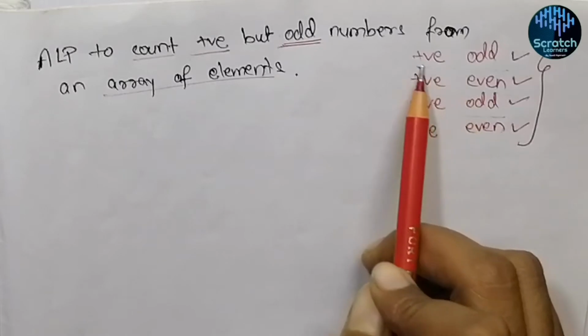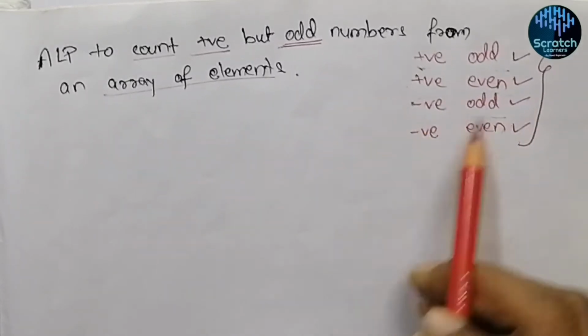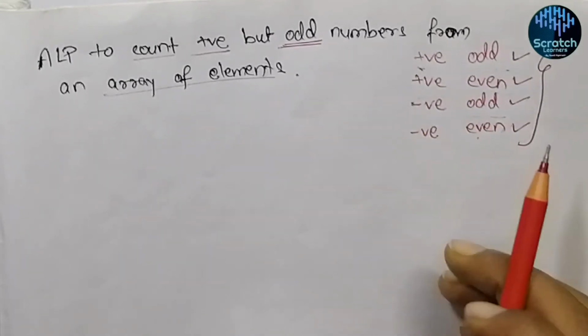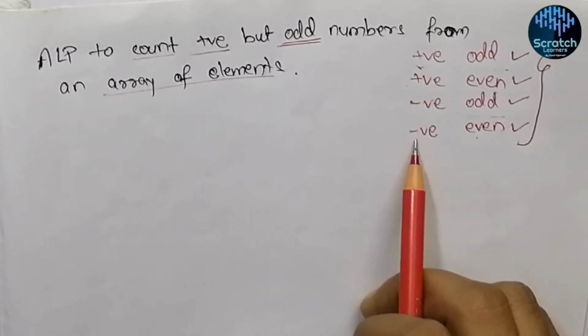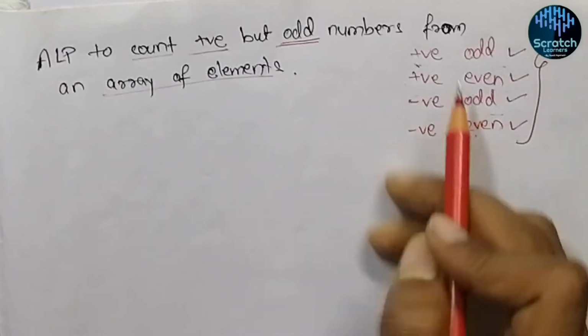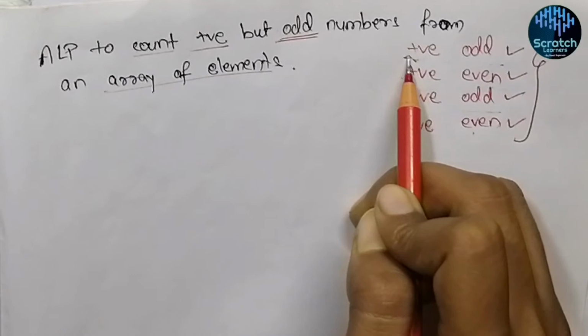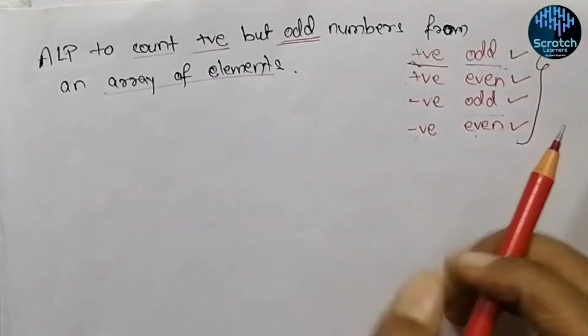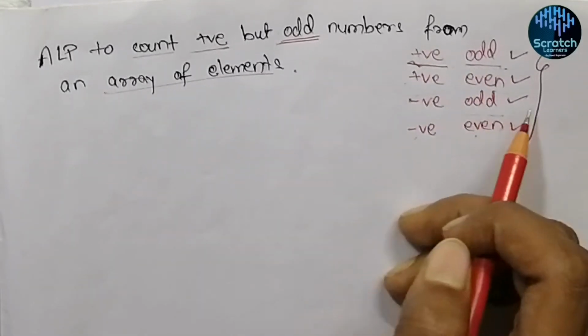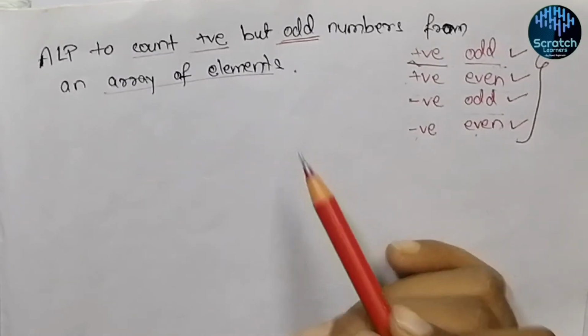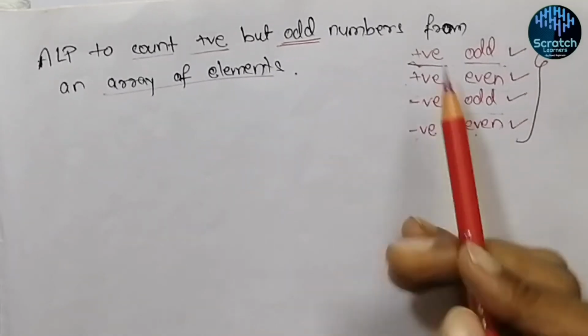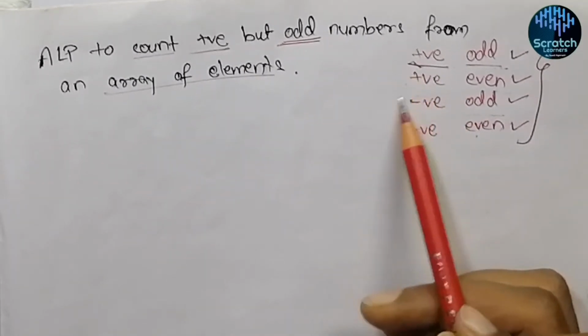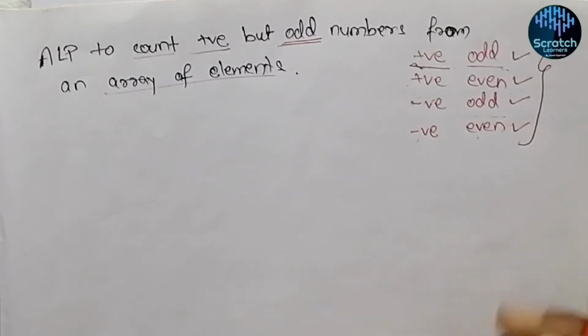So if you understand the logic behind any one of these four, you can easily solve the remaining three programs. Do watch this video very carefully because this will help you understand all the remaining three programs also.